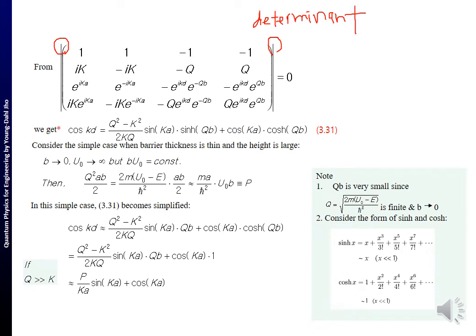So can you calculate the determinant from this? And then you can simplify the determinant equal to 0. That equation is actually simplified like this, 3.31. And this is actually homework number 3.